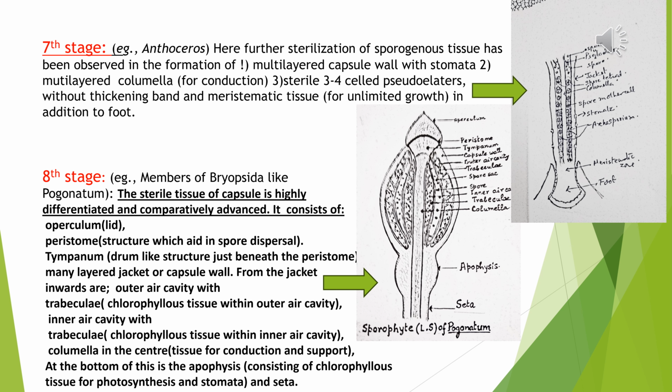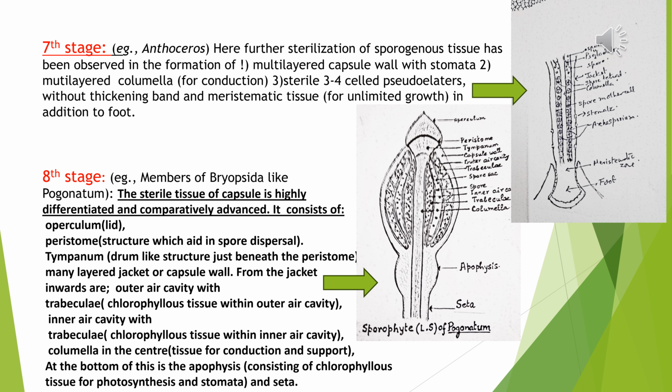Multi-layered columella for conduction. So columella is also new here. 3. Sterile 3 to 4 cell pseudoelaters without thickening band and meristematic tissue for unlimited growth in addition to foot. Here you find in the figure, meristematic tissue is just above the foot.